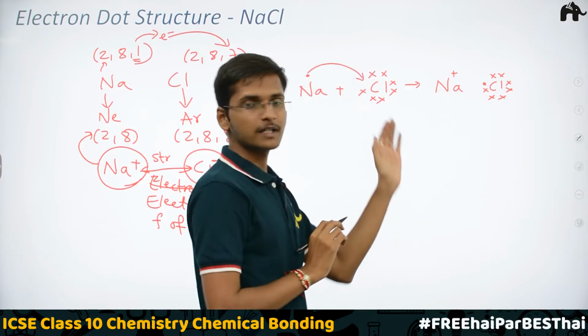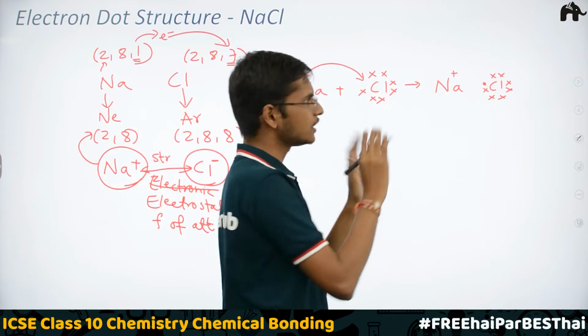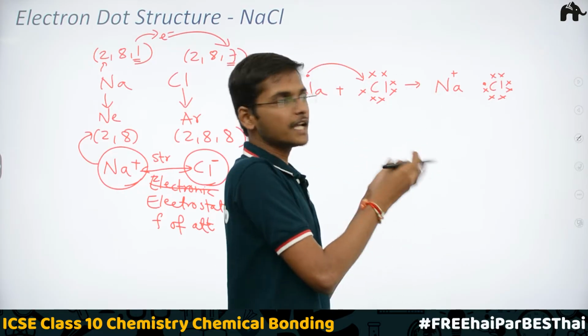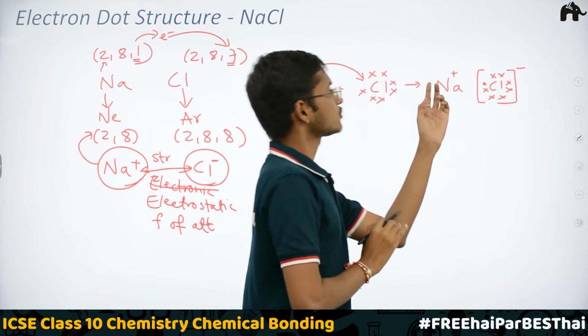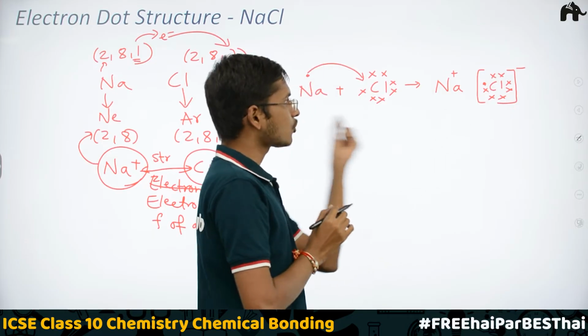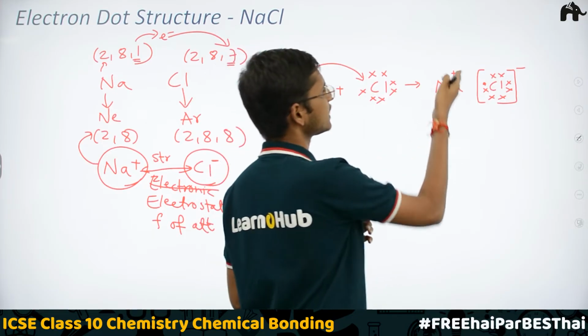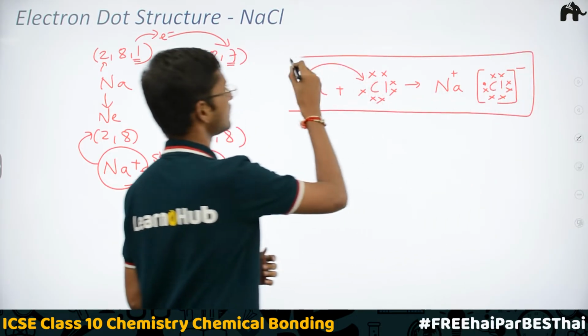Now 8 electrons are there in the outermost shell of chlorine. It's very happy, but it is also getting a negative charge. Don't forget to show the charges in the ionic compound when you are drawing the electron dot structure. So simple, that's it. Na plus Cl minus, and this is your electron dot structure for NaCl.